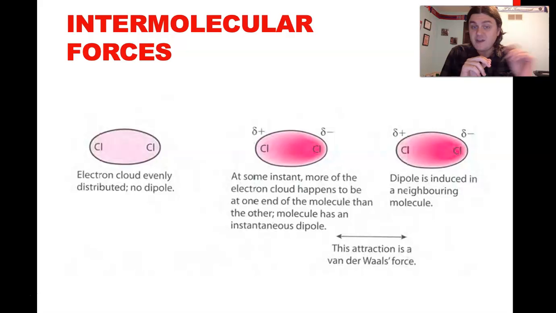Now we have a partial negative and a partial positive, and you can see the arrows just below those two molecules. That attraction between the partial negative and the partial positive is a van der Waals force. It happens quickly because it's temporary and then induces this movement in the molecule next to it. It doesn't last very long. It's there, and then it's gone.